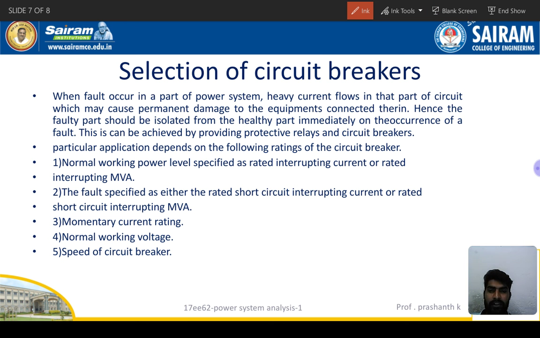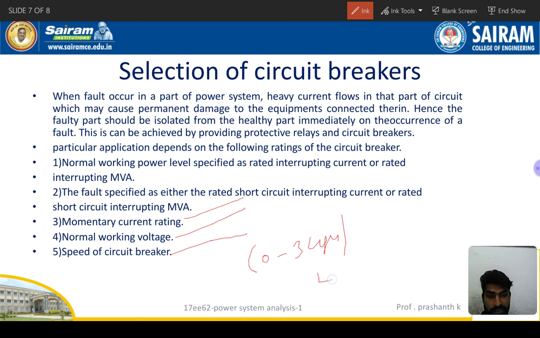So I think you have some idea how they select the circuit breaker based on current, based on voltage, and based on circuit breaker operation. One basic concept: we need to eliminate whatever the fault is within 0 to 3 cycles. If the cycles are exceeded, the equipment will be damaged, or the person working with that appliance or component will get a severe shock.